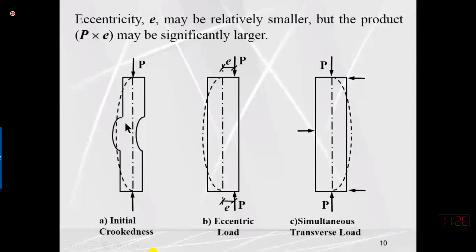If they are less than this limit, then we ignore these imperfections. But if they are more, then we need to consider the reduction in the capacity due to the imperfection.